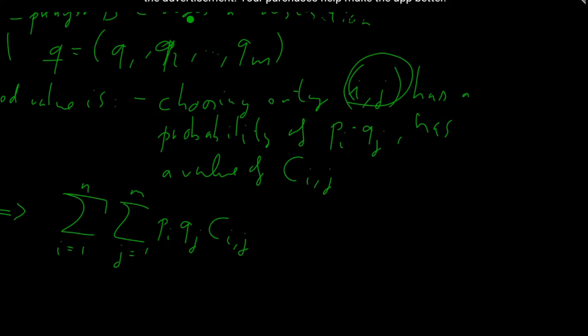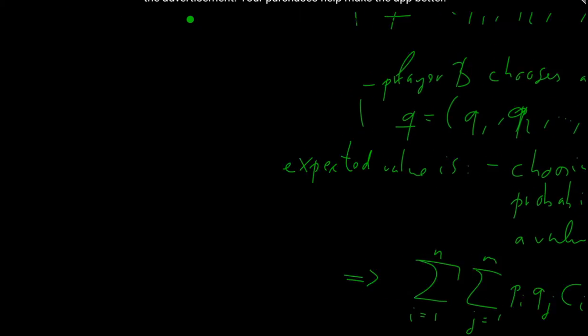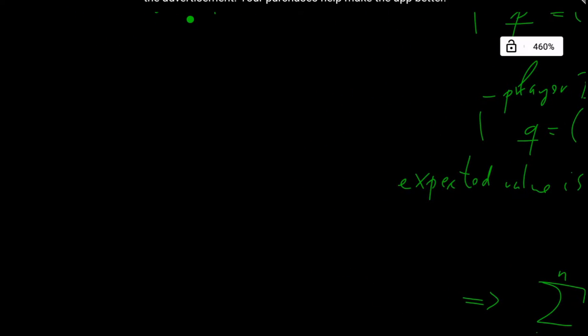And of course, if you are familiar with linear algebra, you know that it is the same thing as multiplying the vector P by the matrix C and then by the transpose of this vector Q. So for example, if we have a game exactly like this, let's just compute this once.